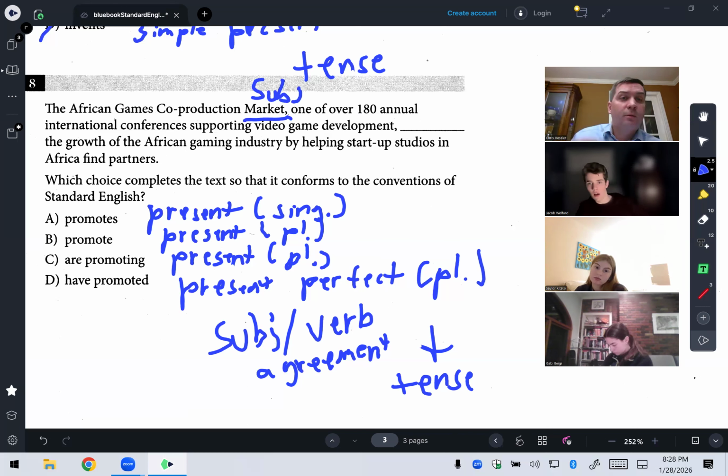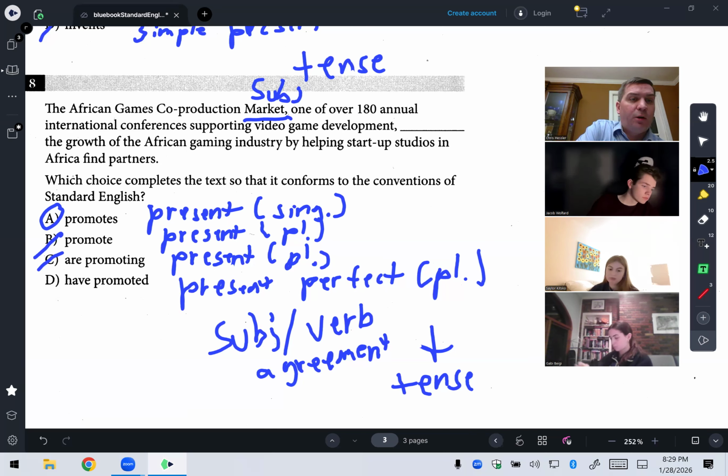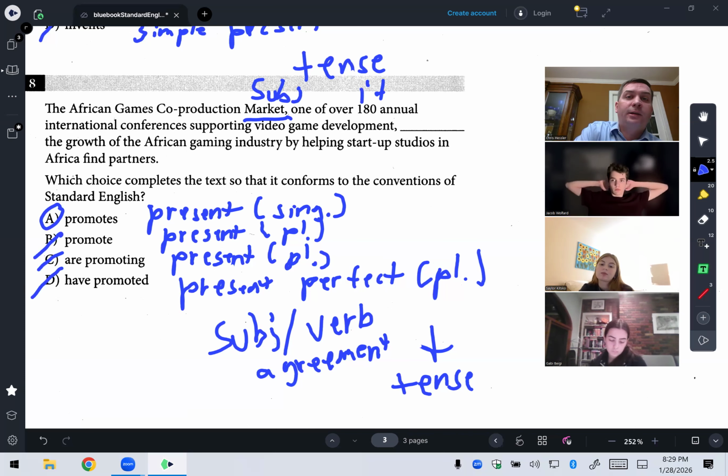We're talking about one market, the African co-production market, one of over 180 annual international conferences supporting video game development. We don't care about the non-essential clause. So it promotes, present tense, the growth of the African gaming industry by helping startup studios in Africa find partners. All the other ones have plural subjects. They promote, they are promoting, they have promoted, but it's not they, it's an it, it's singular.